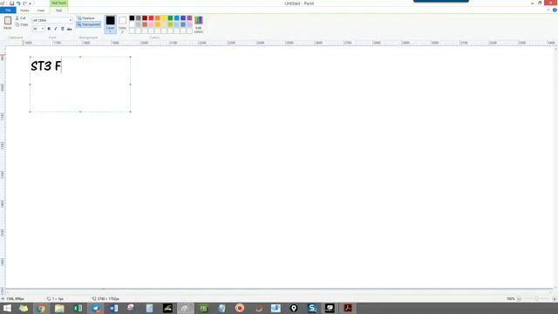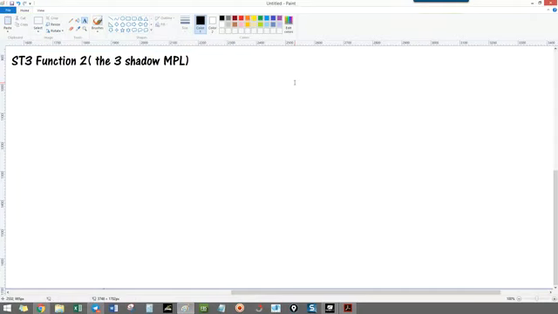ST3 function 2, 3 shadow MPL. Okay, what is the 3 shadow MPL? It will be like this.